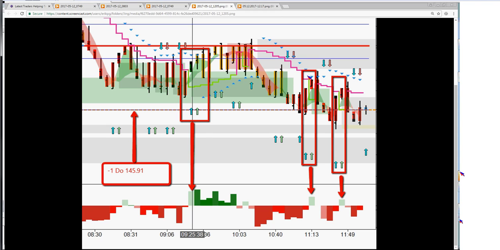That trade never should have got an entry because it never broke the high. Or no, it did, right there, it broke the high. I couldn't see it. Okay, it did break the high. So that trade would have got in and stopped out pretty quick.